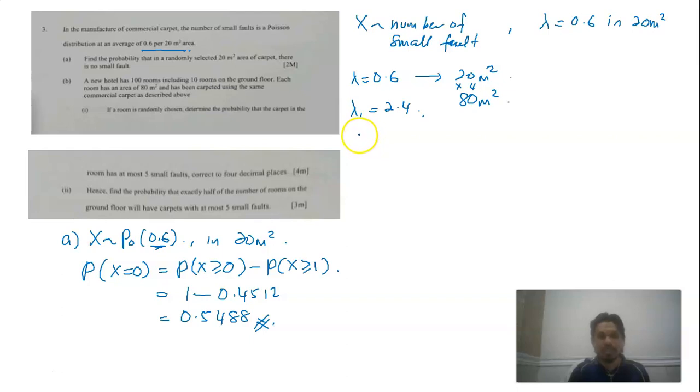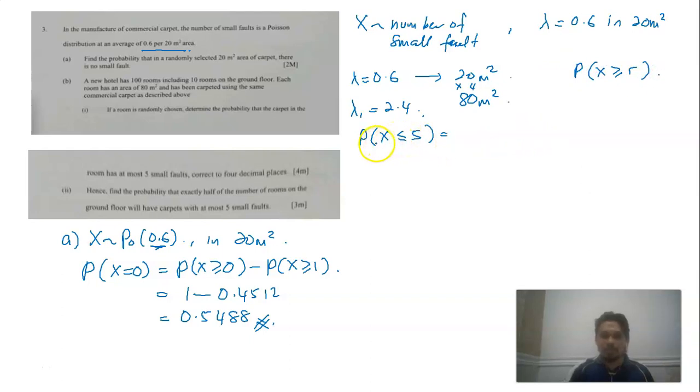At most means the maximum is 5. So the probability of X less than or equal to 5. By the way, this statistical book only provides us the probability of X greater than or equal to r.